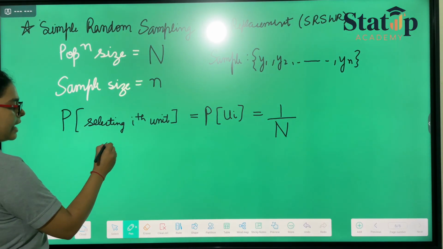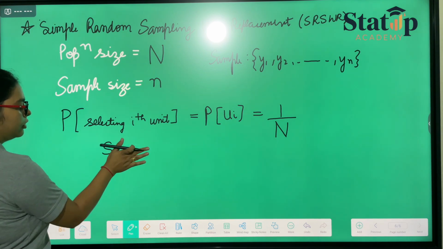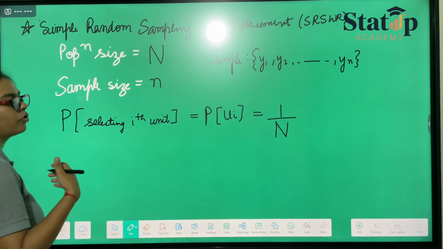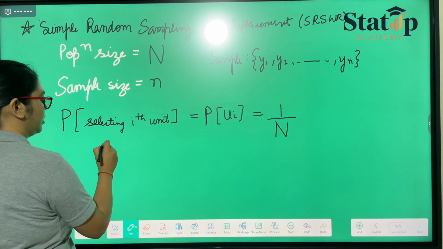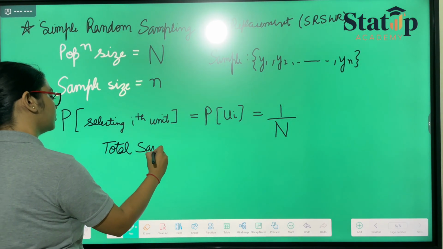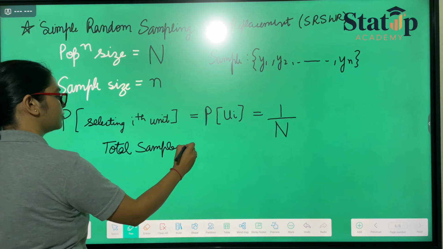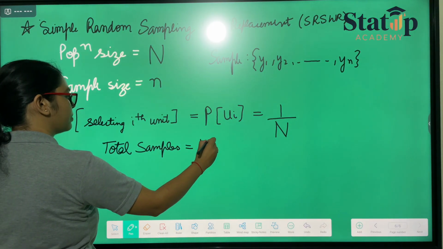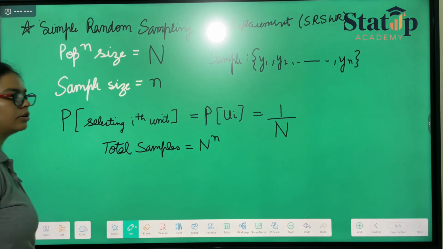Now what is the total number of samples which can be drawn from the population? So total samples are N raised to the power n. These are the total samples.